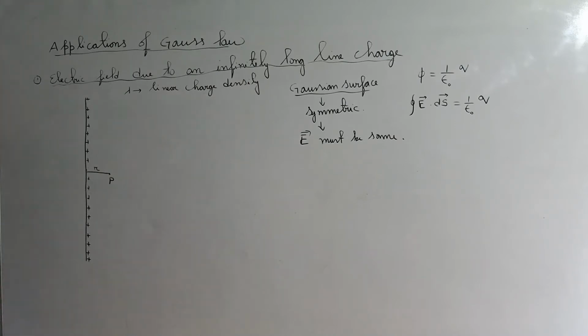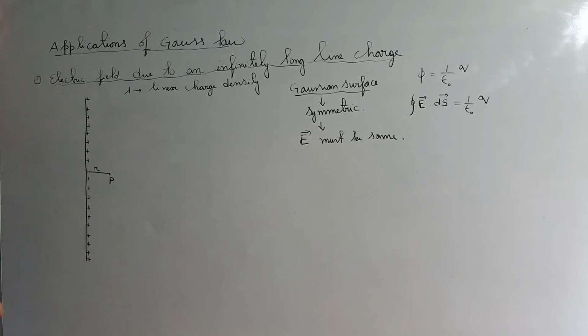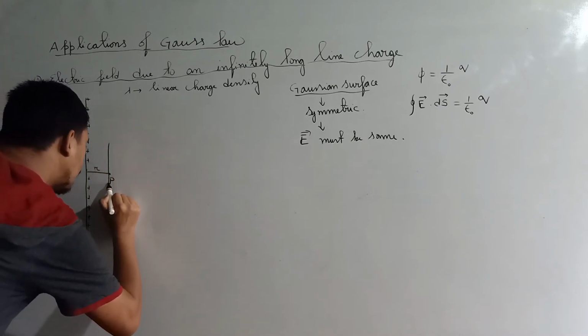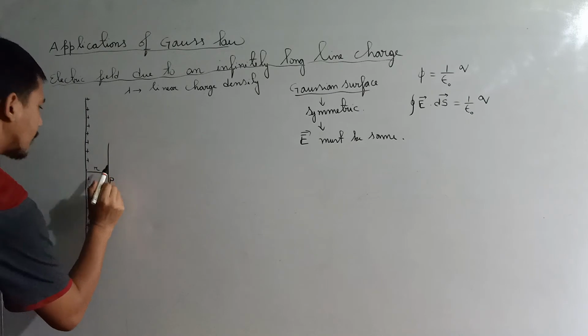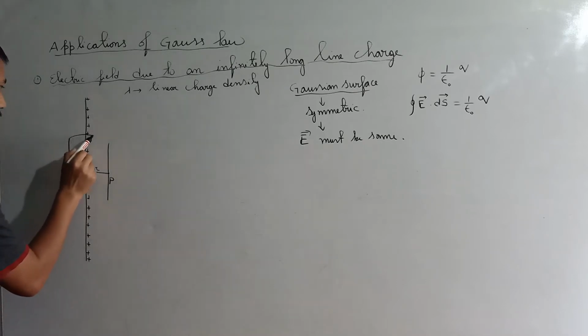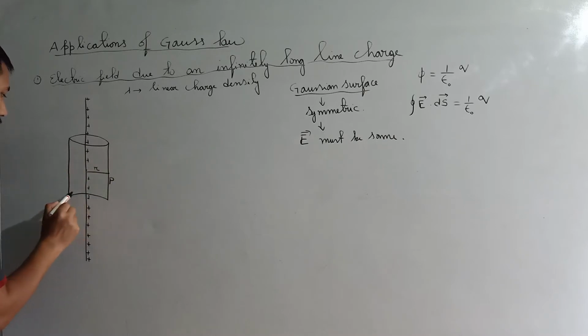So we need to draw a cylinder of radius r such that point P lies on its curved surface. Is it clear to you? P is here, okay?